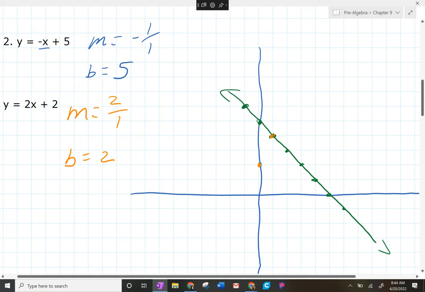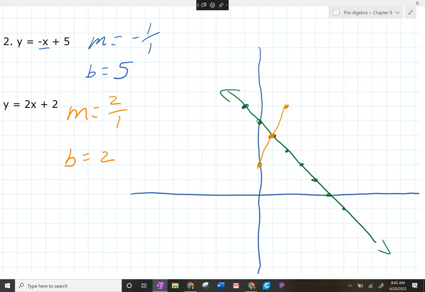I didn't see it at all. Exactly. So I'll have 2 over 1. Fantastic. And then from that point, do it again. You're going to go up 2 over 1. Fantastic. I love it. Then you need to play connect the dots. Just make a straight line through them. Sweet. That's right. It can keep on going on forever, but no matter what.